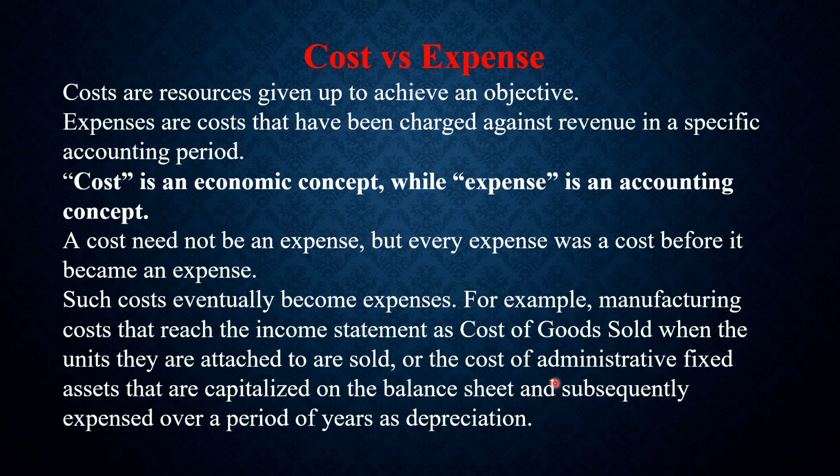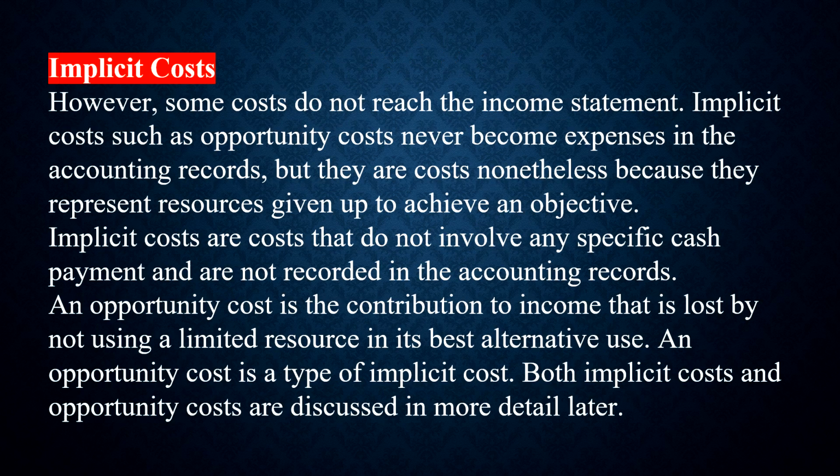In this next slide, implicit cost. Some costs do not reach the income statement. Implicit costs, such as opportunity cost, never become expenses in the accounting records, but they are costs nonetheless because they represent resources given up to achieve an objective.